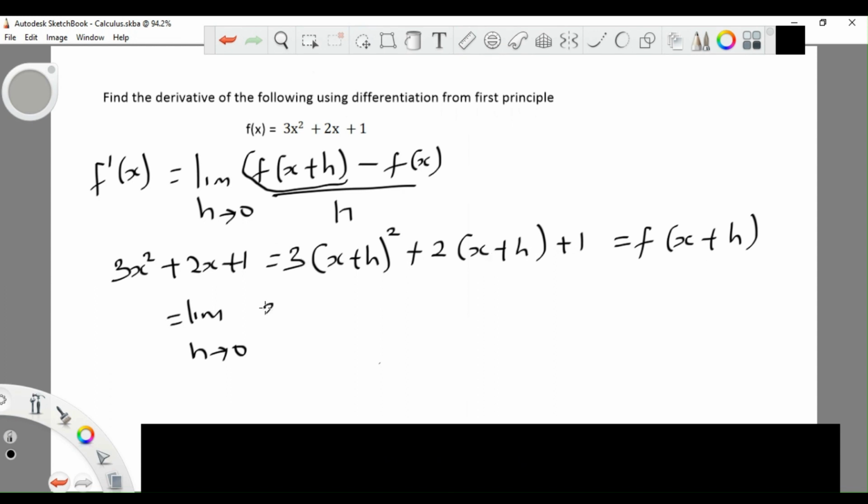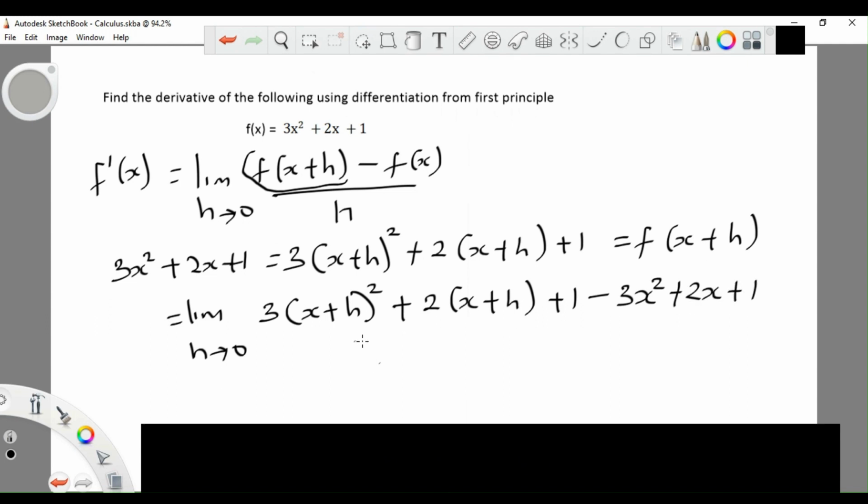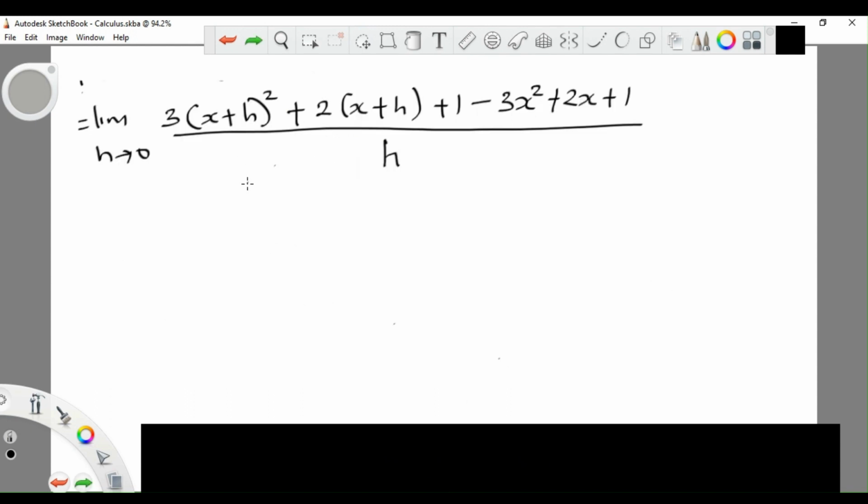So we have 3 open bracket x plus h squared, plus 2 times x plus h, plus 1, minus f of x, which is 3x squared plus 2x plus 1, over h.